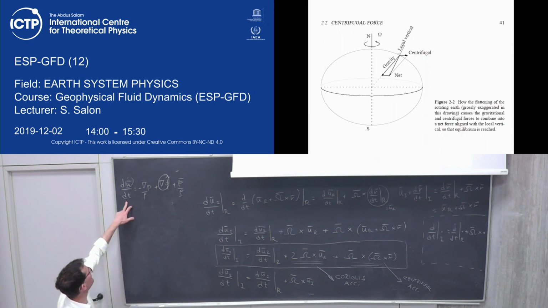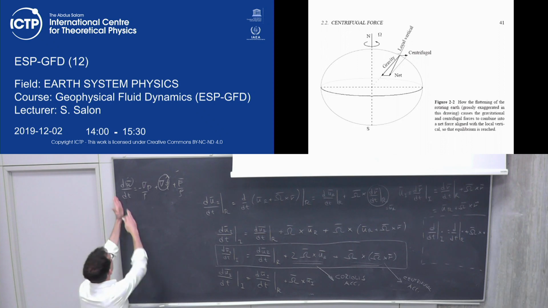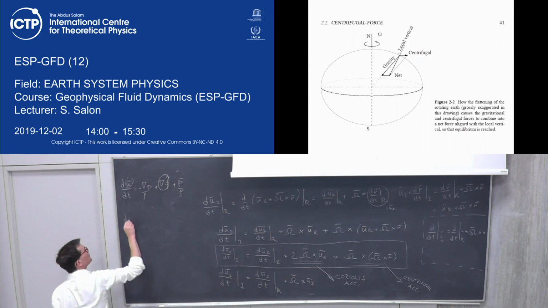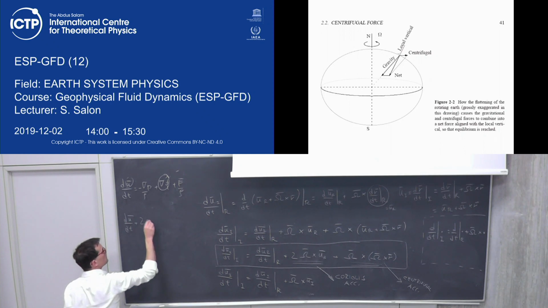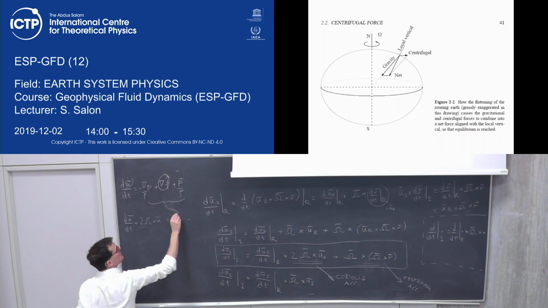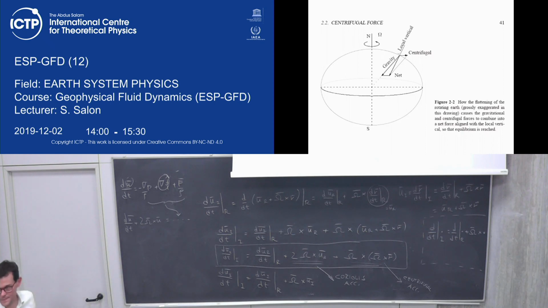But the fact is that now we can write this, and so we have this term here. So we have du dt. Now I can leave all the possible indexes, and here is the right hand side. Okay? So this is the new form for our Navier-Stokes equation in the rotation frame of reference.